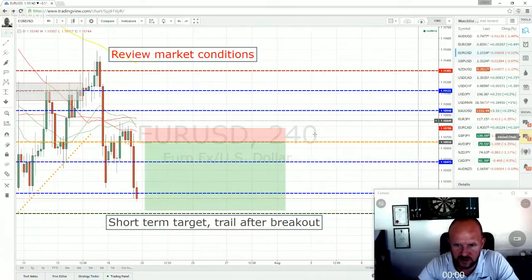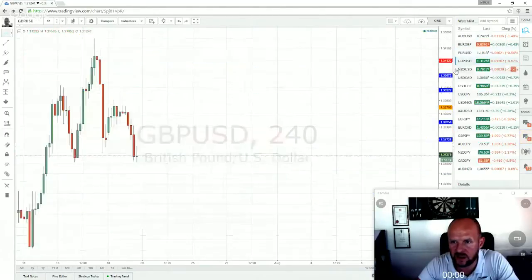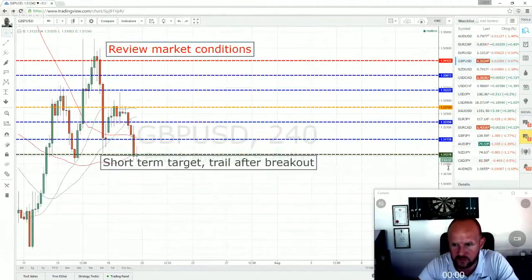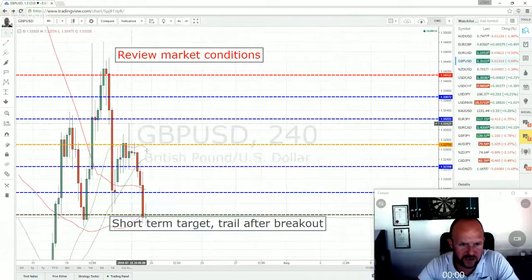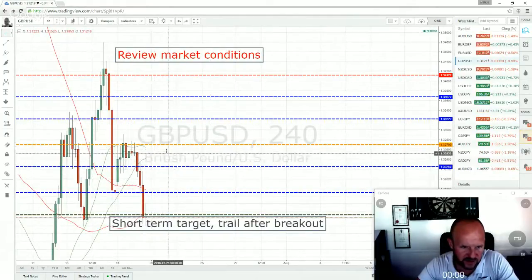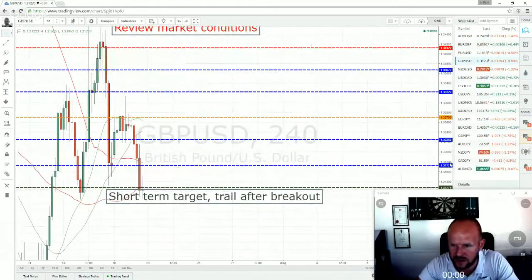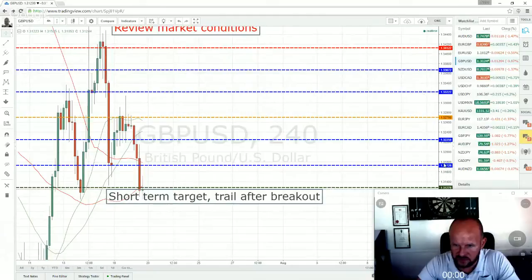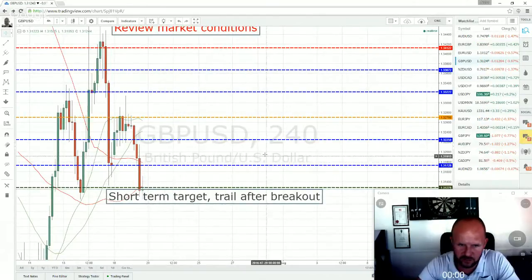All right, so let's go further. It's pound dollar here. Okay, it's really bad that I've actually jumped out of this trade. I've jumped out just on this level here, 1.318 roughly, so around here, but I would have been able to make a bit more, but that's fine.